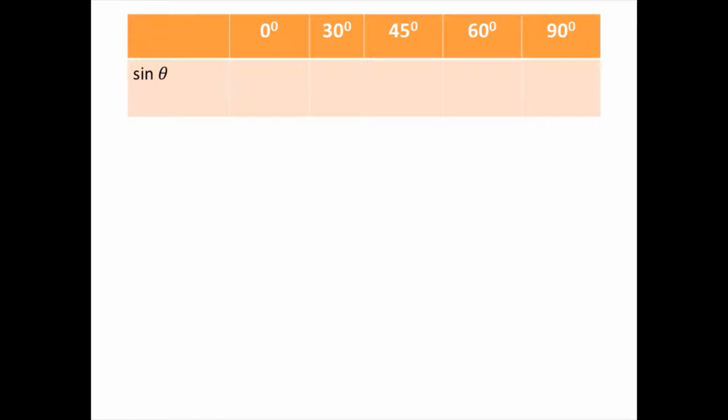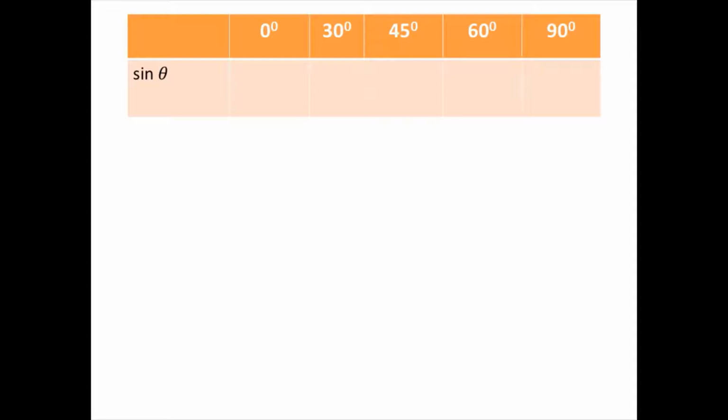Remember this, the sine theta value varies from 0 to 1. The first value is 0 and the last value is 1. So it is easy to remember the sine 0 value and sine 90 value. Sine 0 value is 0 and sine 90 value is 1. So you have to remember only the three values that come for 30 degree, 45 degree and 60 degree.